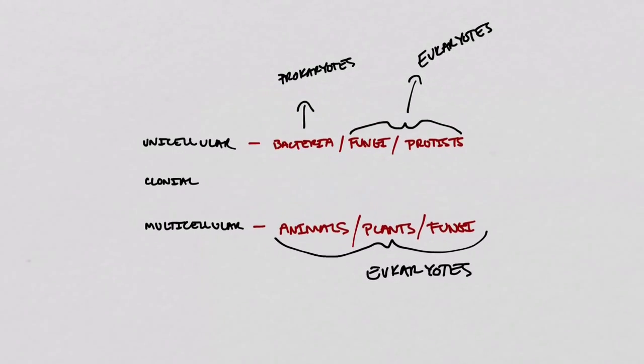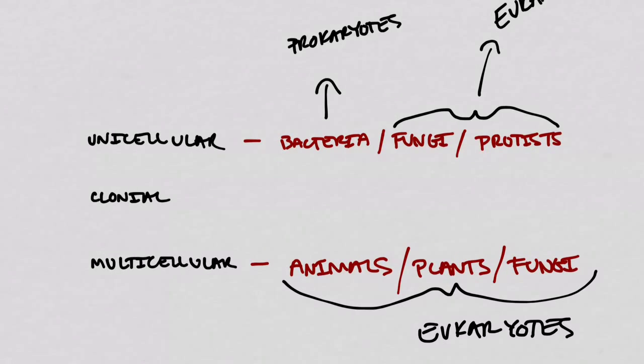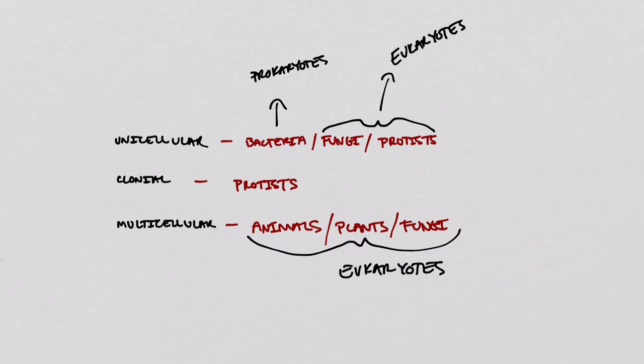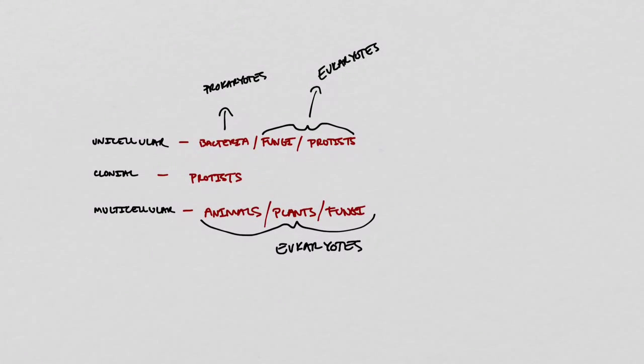And then colonial organisms include some groups of protists. I'm going to give you a few different examples here. I'm going to embed a few photos and then talk about each of them.